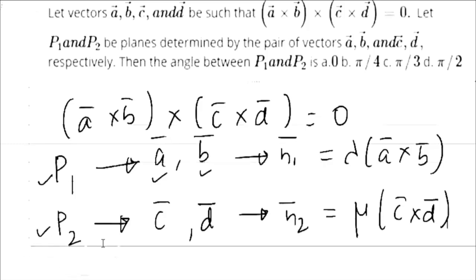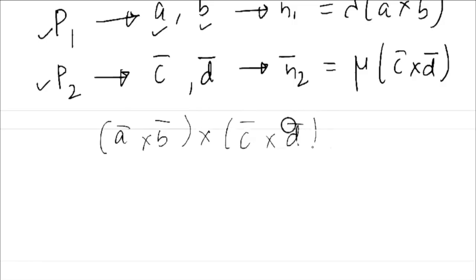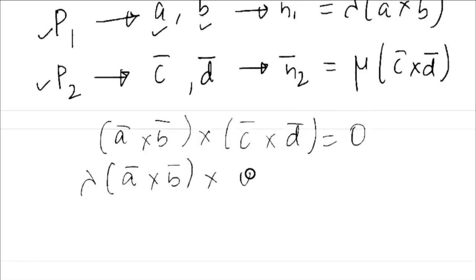Now let's come to the equation given in the question. The equation given was (A cross B) cross (C cross D) is equal to 0. This can also be written as lambda times (A cross B) cross mu times (C cross D) is equal to 0.